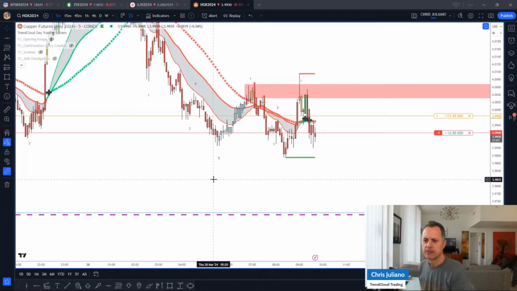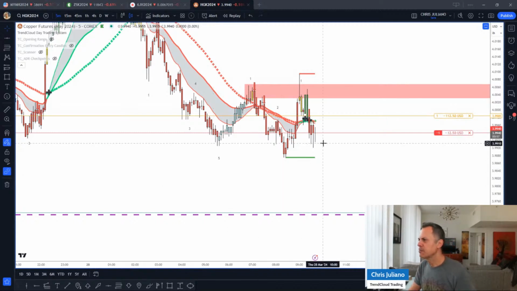If it doesn't, then you have to say, okay, do I want to take another shot at this? That's a decision you have to make. If it breaks above all this structure here, then we have to assume it wants to go higher and you have to pick another spot.